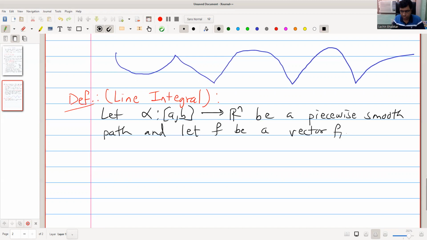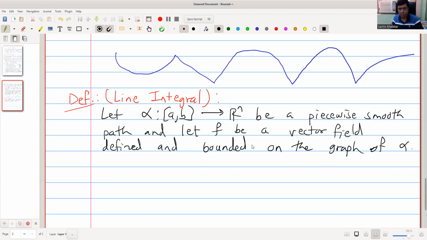We know that the graph of alpha means the collection of all points of the form alpha of t, where t is in the interval [a, b].